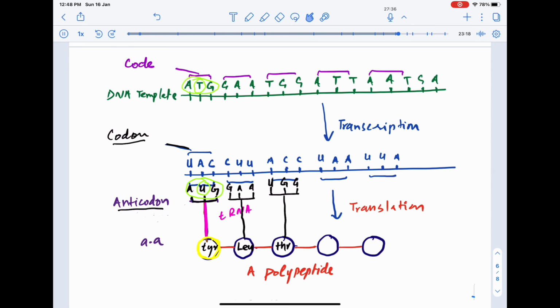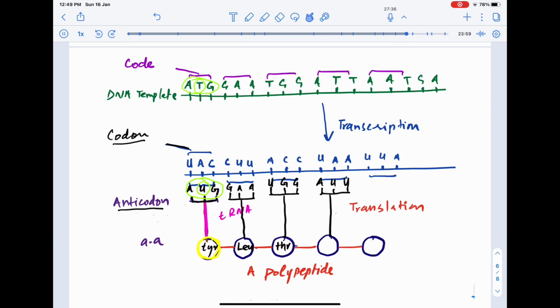At the fourth position, there will be a tRNA attached here, which has an anticodon complementary to UAG, and this will be AUU.